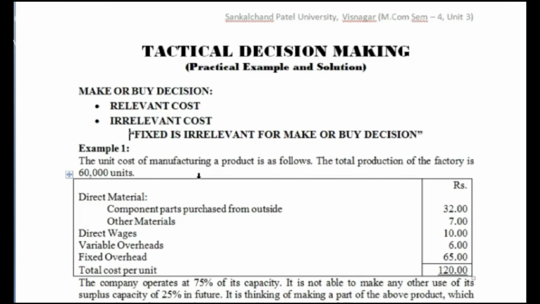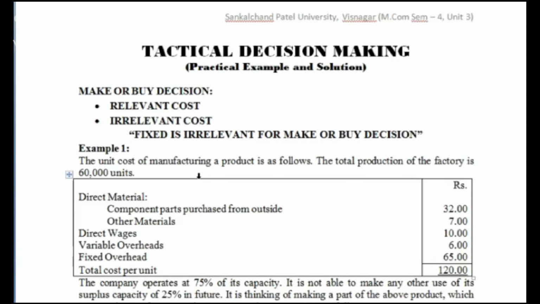Why? Because once you have paid your fixed cost, whether you manufacture this component part, which you are purchasing from outside, in your business or not, there is no effect on the decision whether you produce it or not.